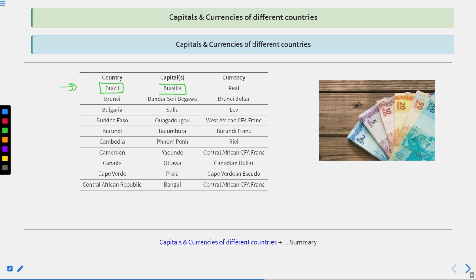Capital is Brasilia. Currency is Real. Brunei, country. Capital is Bandar Seri Begawan. Currency is Brunei dollar. Bulgaria is a country. Capital is Sofia. Currency is Lev.